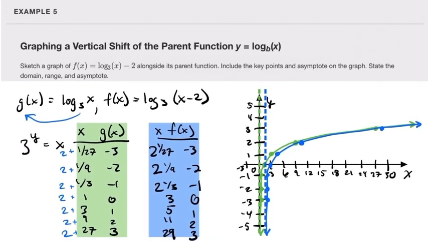Log base 3. So g is fine. Now we're going to make some changes here. So let me get rid of this.